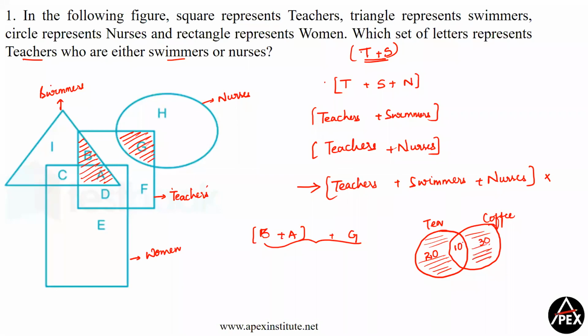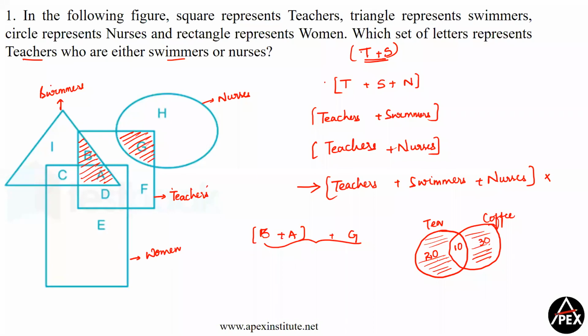Now if I ask you, how many people are drinking either tea or coffee, what will be your answer? Let us understand the difference between either or and. What will be your answer? Either tea or coffee.